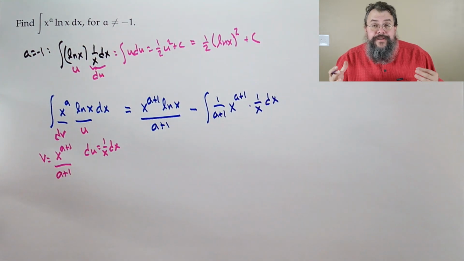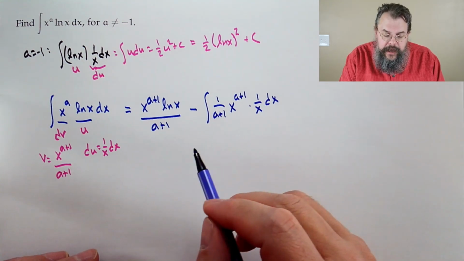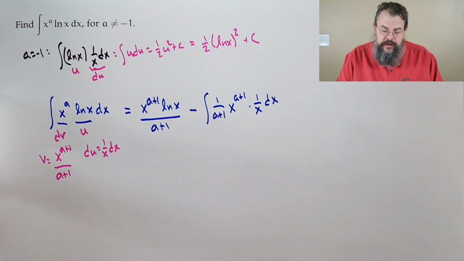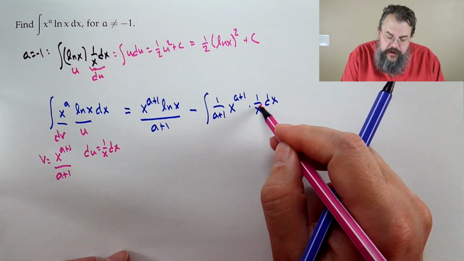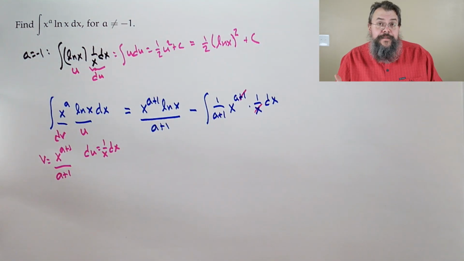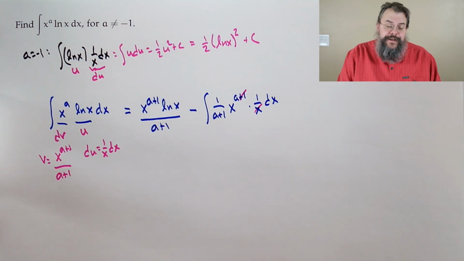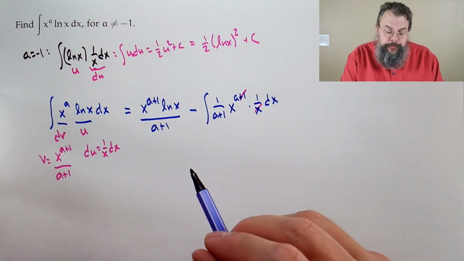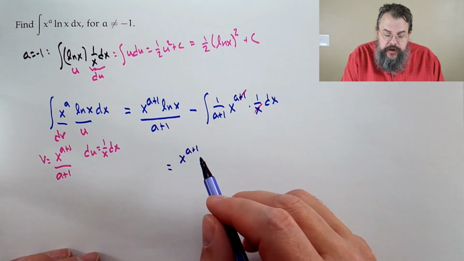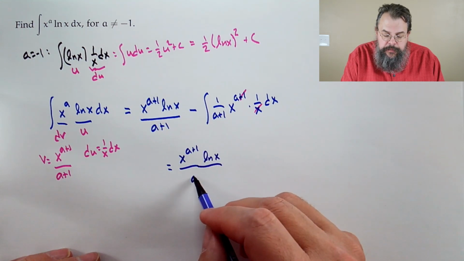And now this new integral, it's actually easier to work with. We say, hey, look, I can cancel off one of the x's. So I can say 1 x here cancels with the plus 1. So what you really have is the integral of x to the a again, because we did the integral of x to the a already. So we have x to the a plus 1 times the natural log of x over a plus 1.